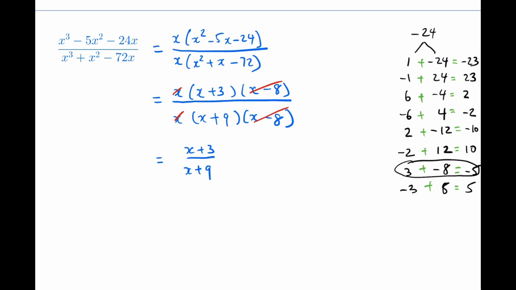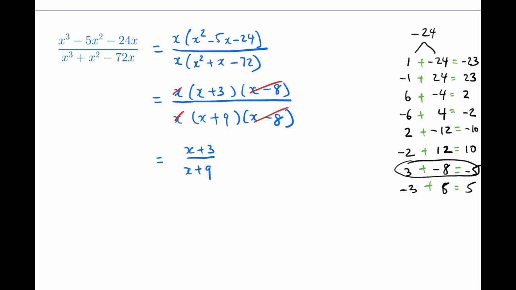Okay, and then the other value of x is negative 9, and we would say negative 9 because negative 9 plus 9 gives us a value of 0, and when this becomes 0, the entire denominator ends up becoming 0. So x cannot equal negative 9, and lastly, x cannot also be 8 because 8 minus 8 gives us 0, which means that this ends up becoming a 0 in the denominator.